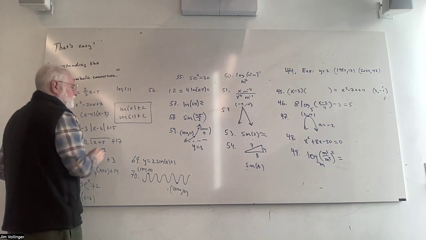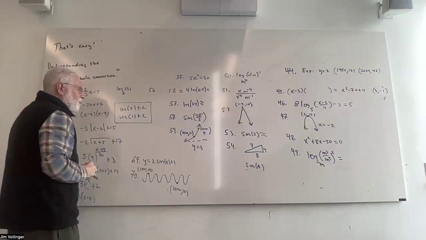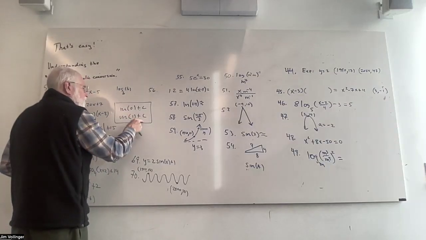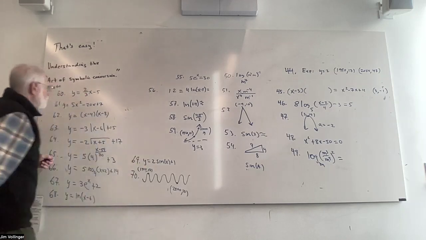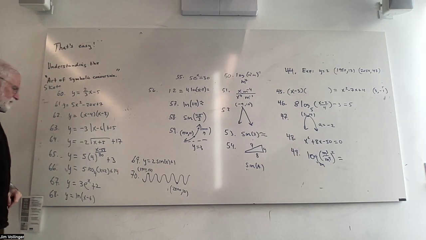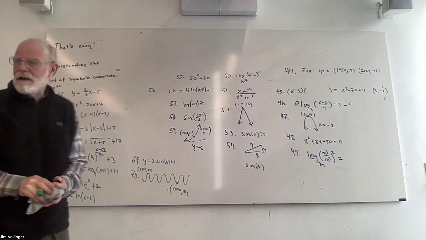Doesn't matter what the base is. How do we get a 1? Whatever the base is, we make the parentheses the base. We can create zeros and ones, and those are the easiest numbers to multiply and add a constant. And if you look over here at the graphs, there's an awful lot of multiplication and adding constants, so on and so forth. So we want to be able to get good at that.